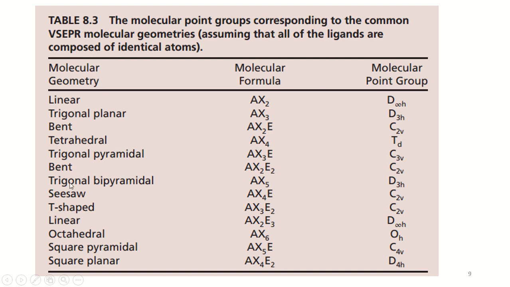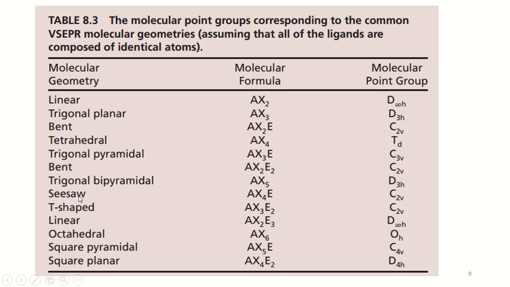If the molecular geometry is trigonal bipyramidal AX5, then it would be D3h. And we have already discussed the trigonal bipyramidal geometry in the form of PCl5 in detail.